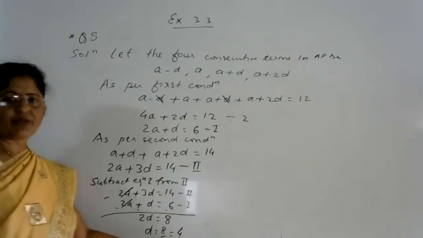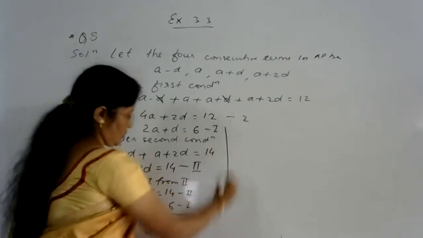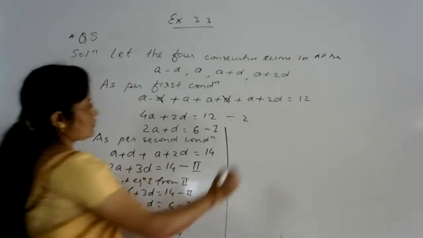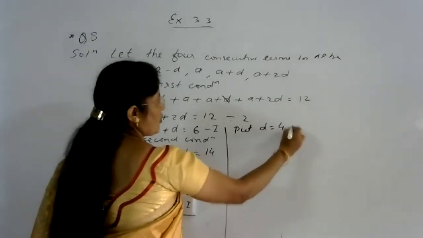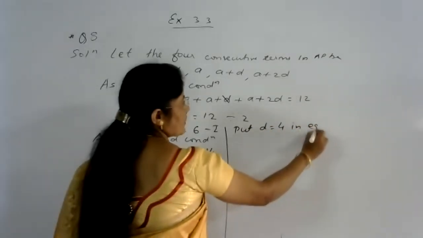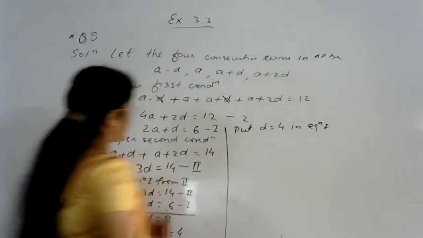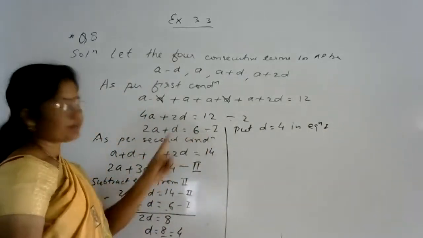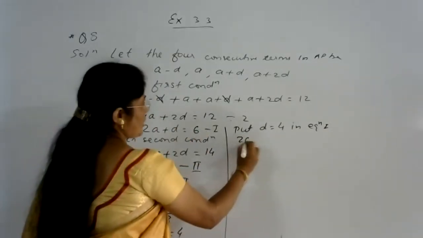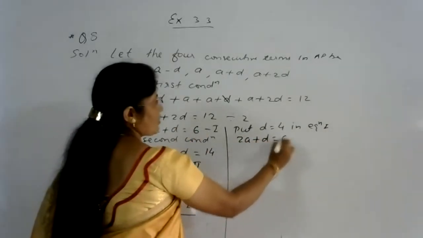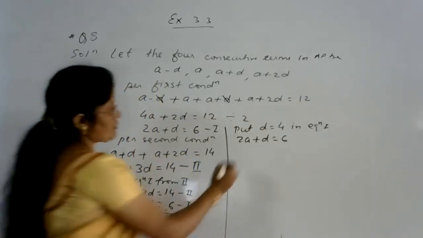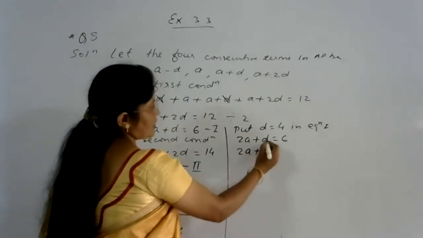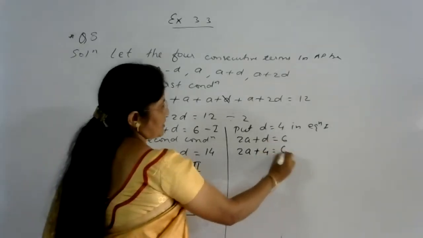Now you have to get value of A also. So D is equal to 4, put in an equation. Only one equation you can put. So I am taking here equation 1. So 2A plus D is equal to 6. First write the equation, then substitute value of D as 4. 2A as it is. In place of D, write 4 there. 6 as it is.